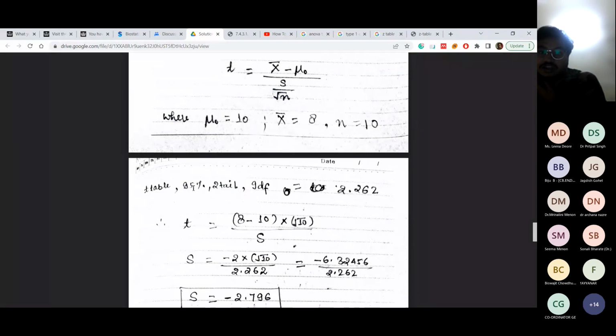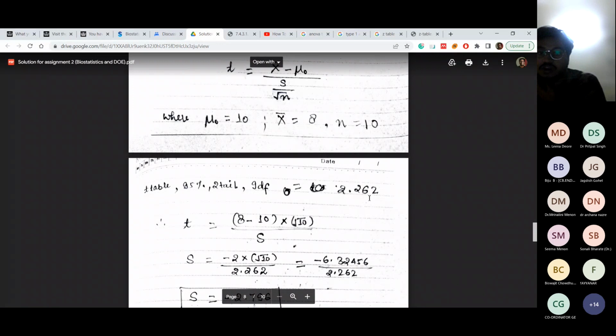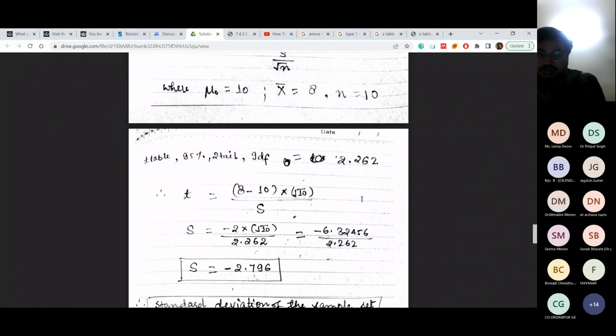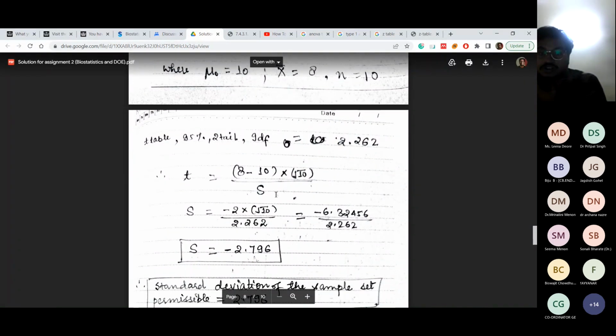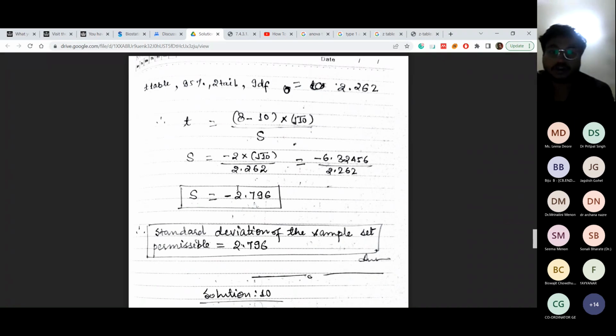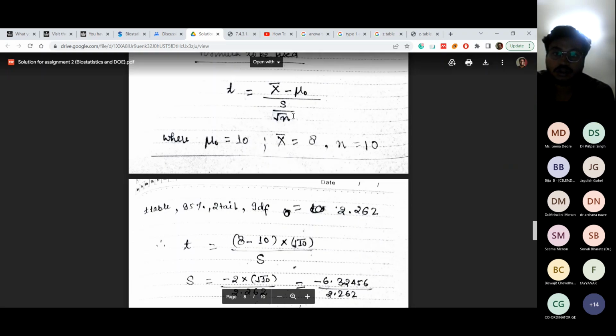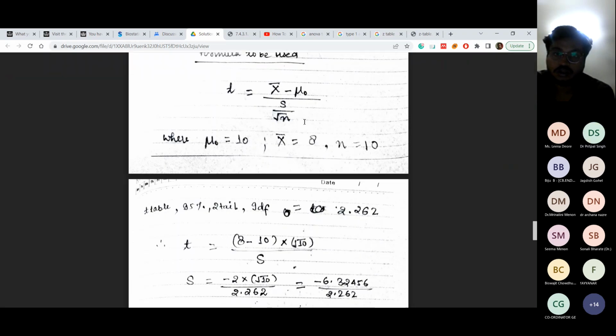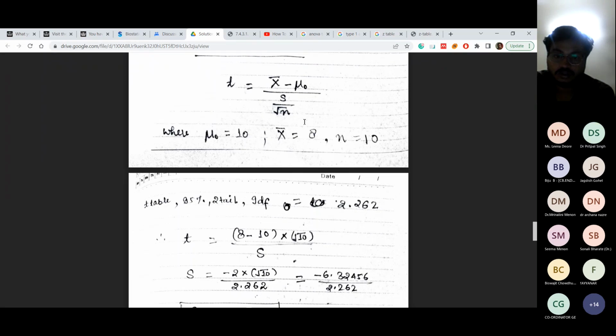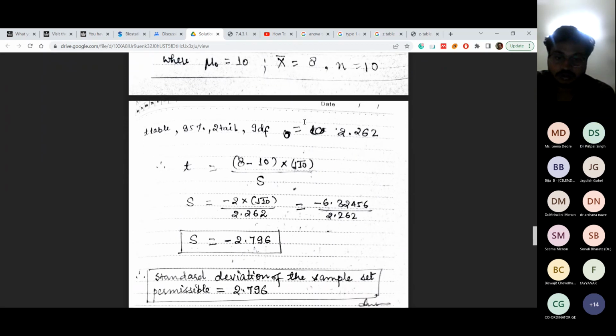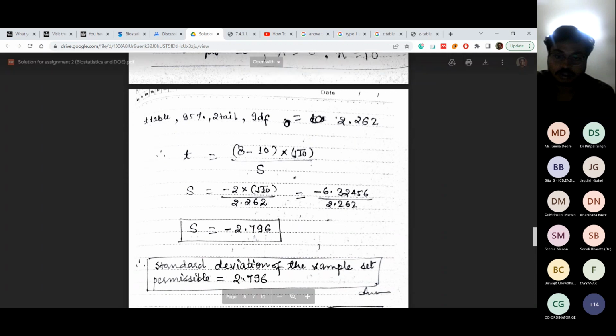Using a two-tailed test at 95%, we get a t-value of 2.262. Then we put all of this in and we get the S value. So the standard deviation value we can calculate using this formula. Is that clear?